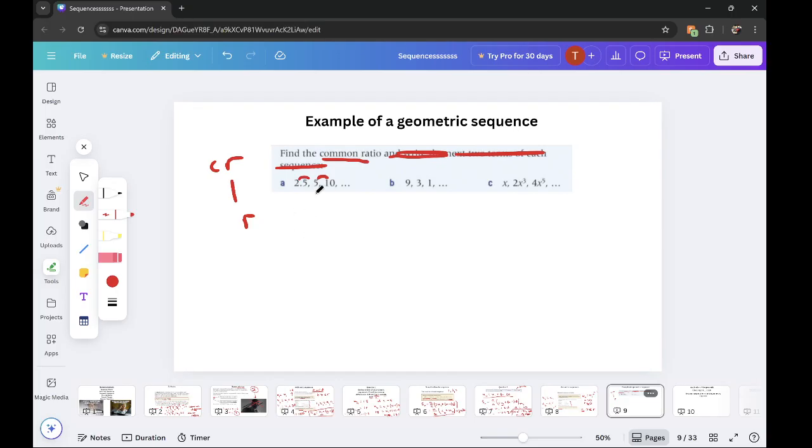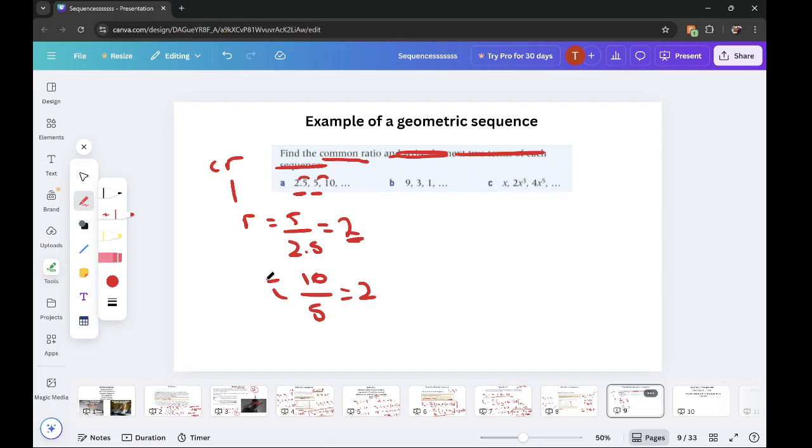So if you do this term divided by this term, so let's do 5 over 2.5. That gives you 2. That is your common ratio. Don't believe me? Okay, let's take 10 over 5, that also gives us 2. Because you're multiplying by 2 every number you go up, you multiply by the common ratio, which in this case is 2.